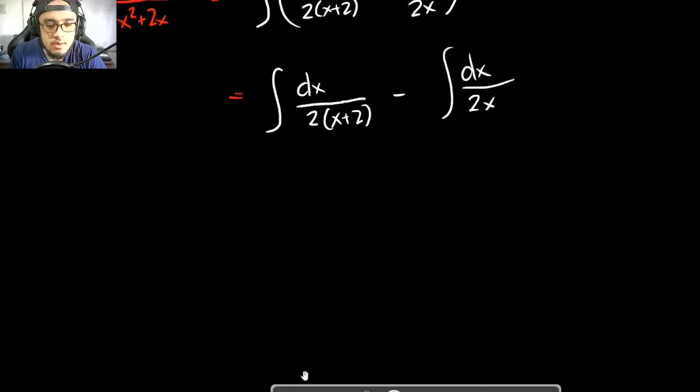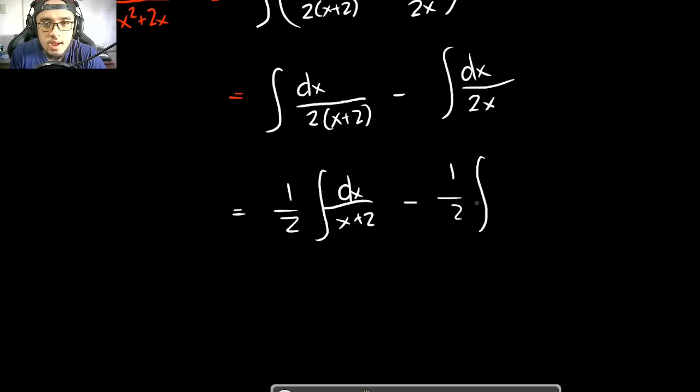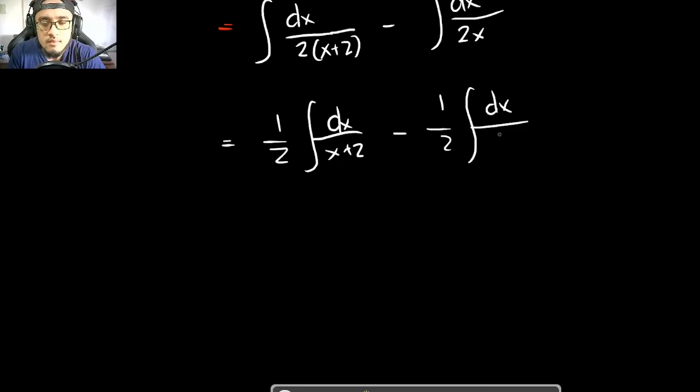So let's go right here once again. This is now equal to 1/2 the integral of dx over x plus 2, minus 1/2 the integral of dx over x. Oops, I'm sorry, this should be x.